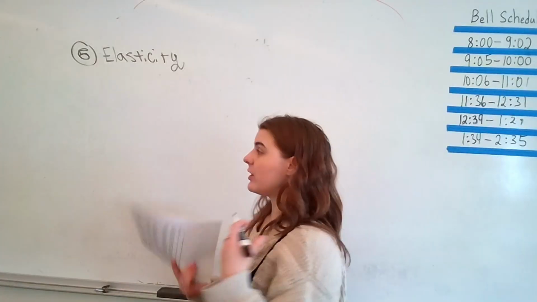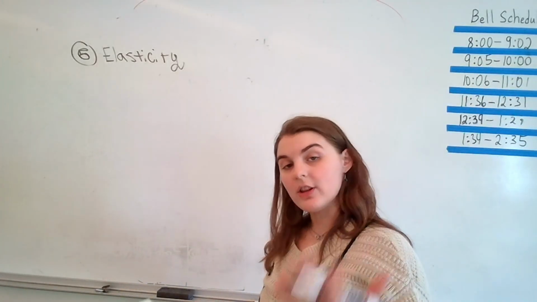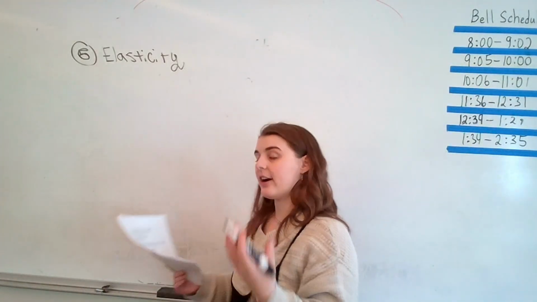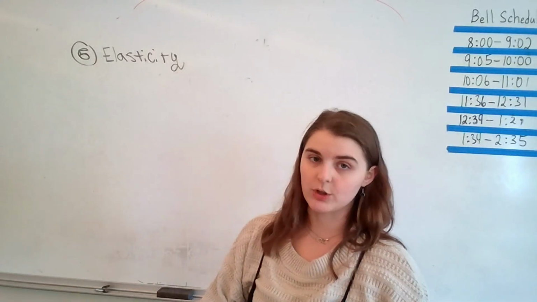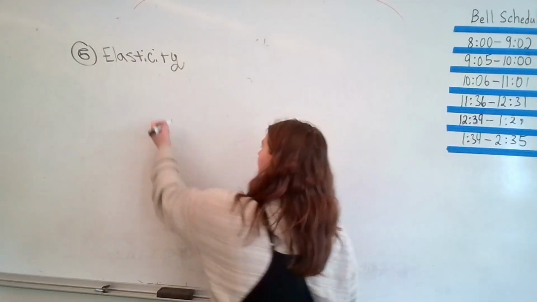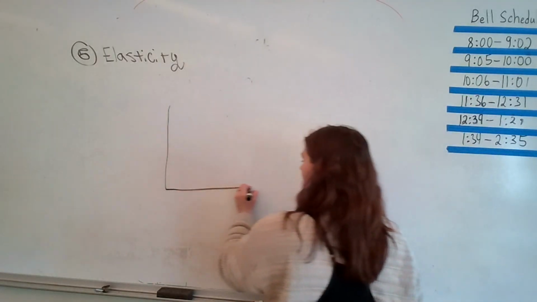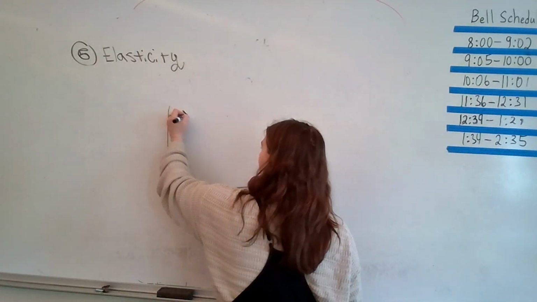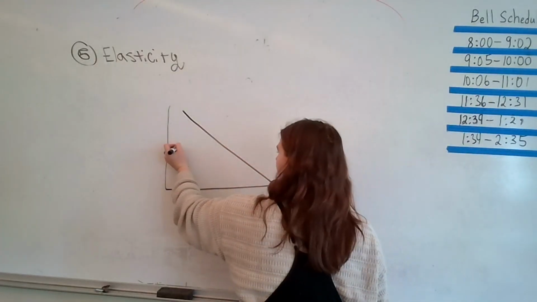In this case, the law of demand states that the higher the prices, the less consumption. The lower the price, the more consumption. What elasticity is really showing us is the slope of our demand.